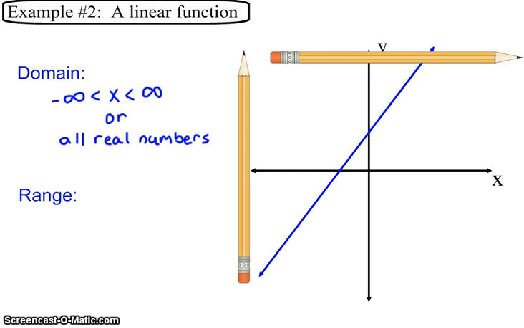The only thing that changes is that we're not talking about x values, we're talking about y values. So again, it's going to be negative infinity for the range, but this case it's going to be a y. Or again, we could say all real numbers.